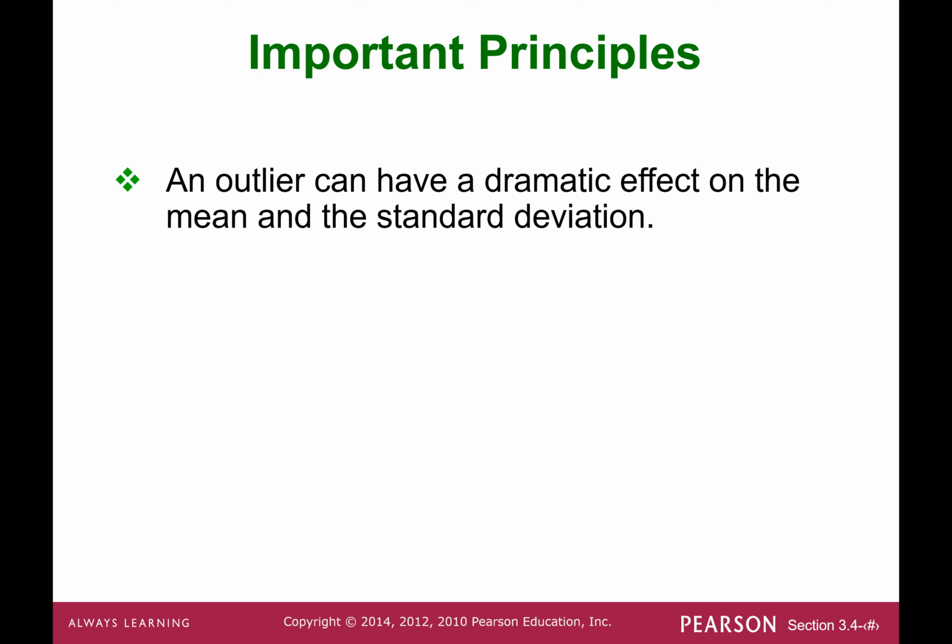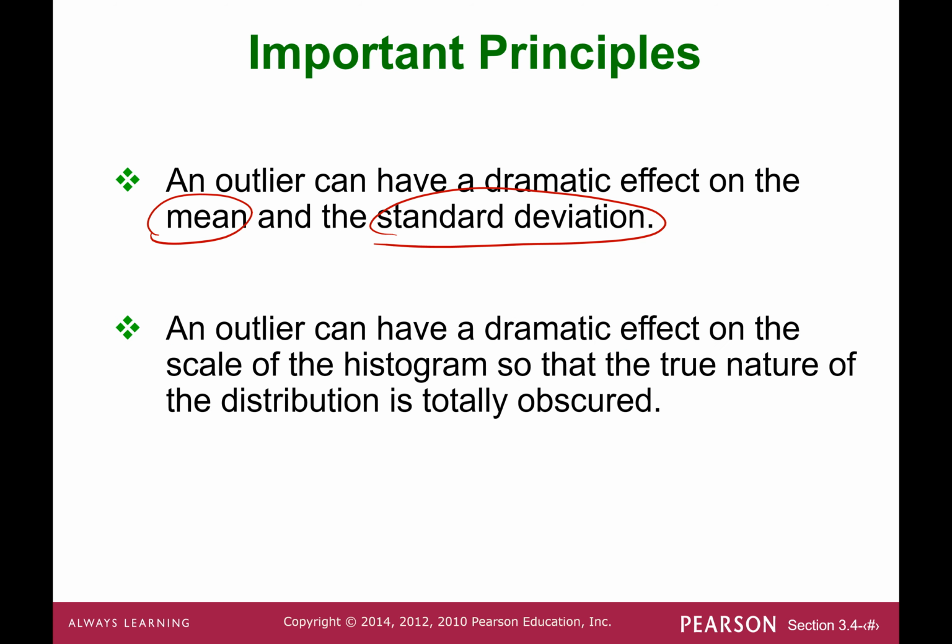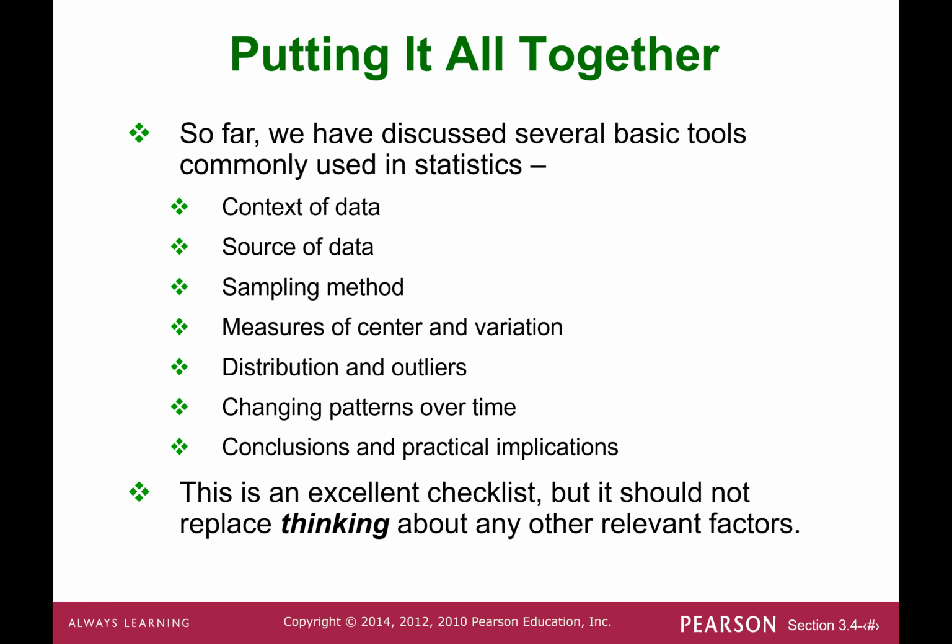So the outlier could have a dramatic impact on the mean and also the standard deviation, because when you calculate the mean and the standard deviation, you're including the outliers. Outliers have a dramatic effect on the scale of the histogram, so that the true value distribution is totally obscured. Okay, so outliers also have an impact on the histogram, also the graph.